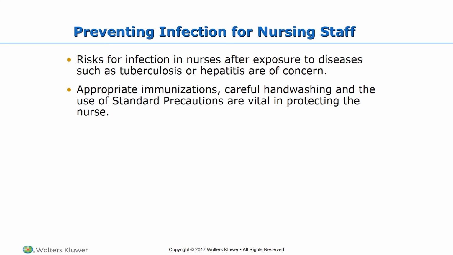Do we run a higher risk than the general population for being exposed to diseases? Well, yes. Tuberculosis, hepatitis, COVID-19, or SARS-CoV-2. We run a higher risk for exposure because we are the ones caring for these patients.